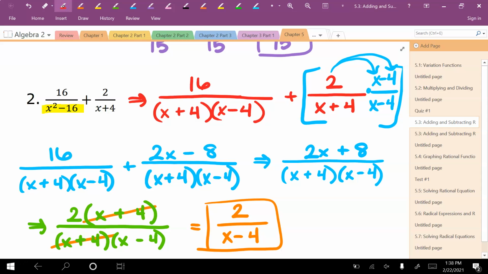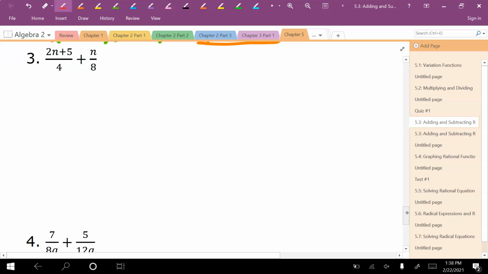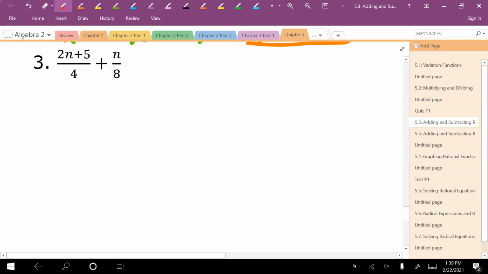All right, let's look at number 3. This is a little less complicated because it's just numbers. 4 and 8. What's the least common denominator here? 8. So which fraction do we need to work with? The first one? What do I need to do to it?